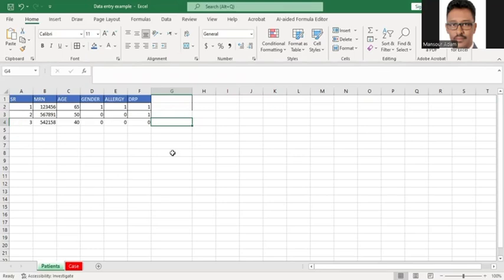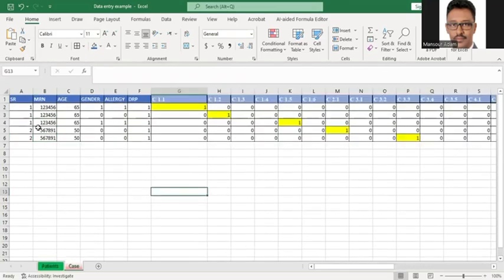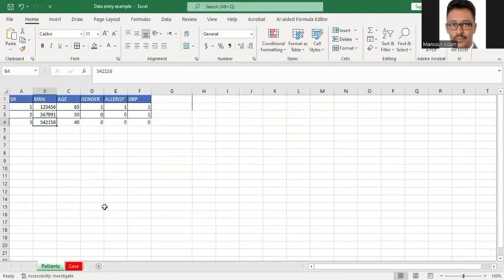So at the end of my results, I will say that I had three patients, okay, my total sample was three patients, and the number of drug-related problems was one, two, three, four, five, five drug-related problems, okay, and so on. I hope this is very clear and this is easy for you now to understand.